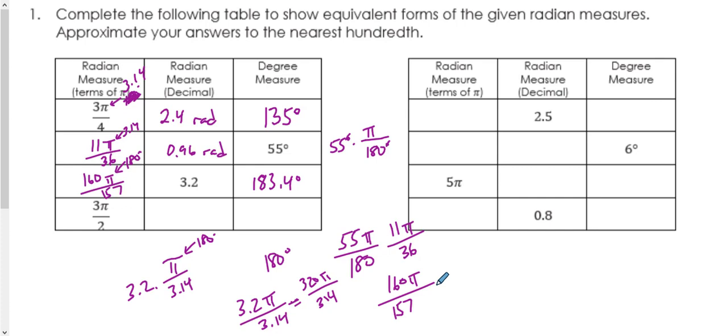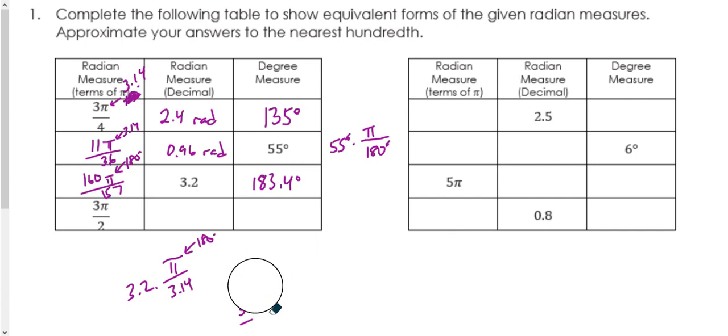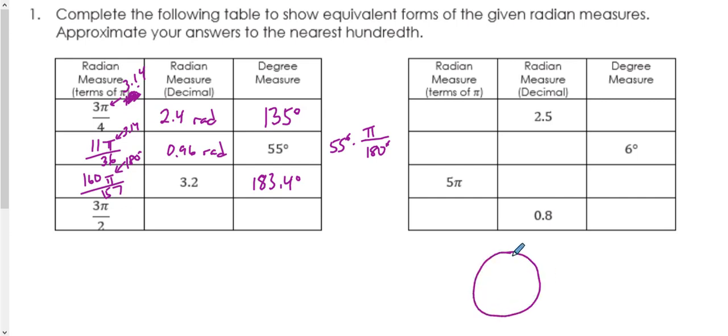All right, so the last one on this side over here, 3 pi over 2. Hopefully you recognize this number and you're like, I remember that number from when we were working on this the other day. If you remember right, on a unit circle, when we start right here and go up here, this is 1/2 of a pi.